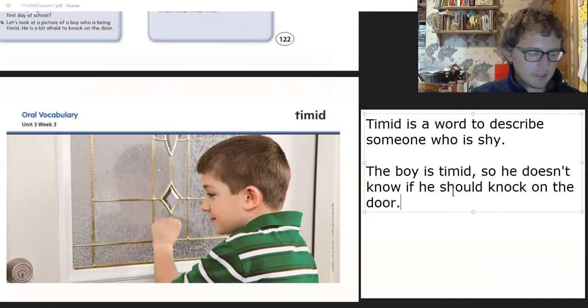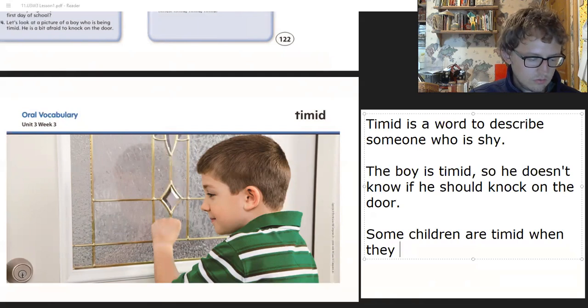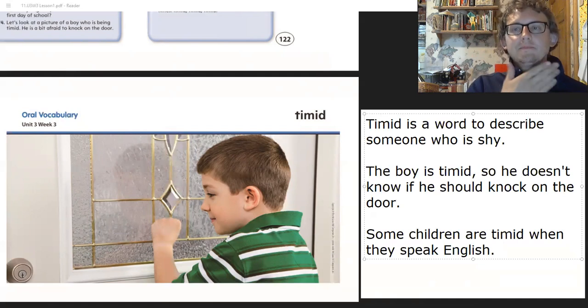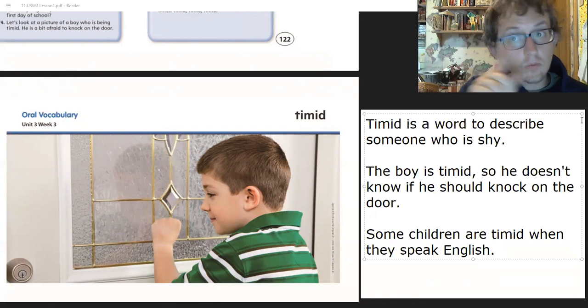So for example, some children are timid when they speak English, right? So maybe when you learn with me, you can speak and speak and talk, right? We read and then you read.